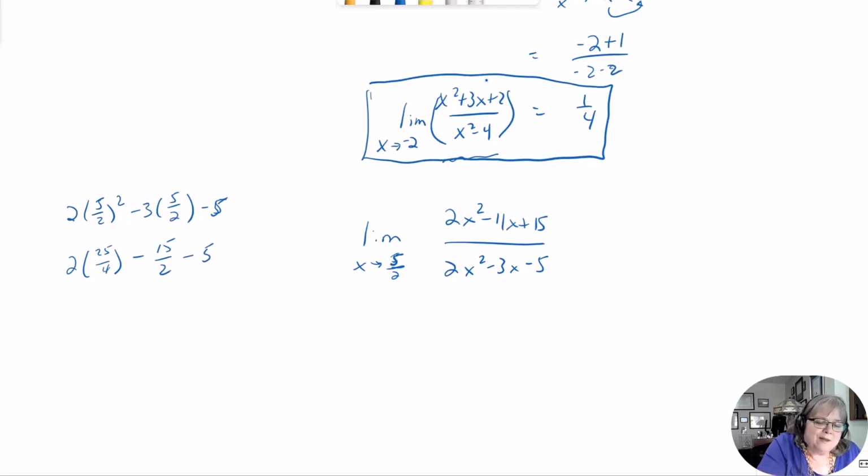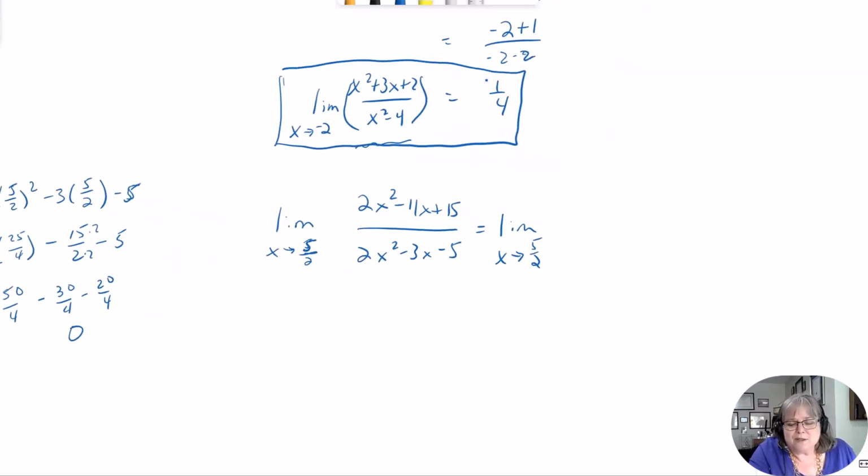So we wanted to make them all fourths so that we could subtract them. You'd have 50/4 minus 30/4. Remember, you multiply top and bottom by 2. Minus 20/4, so this is 0. Okay, so 5/2 is not in this domain. So we cannot just substitute it in, which means we have to try factoring because at the moment, that is our only procedure that we have as an alternative.